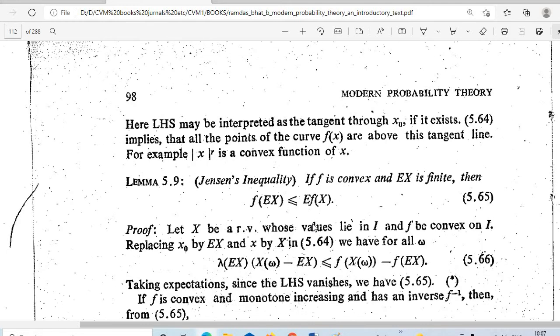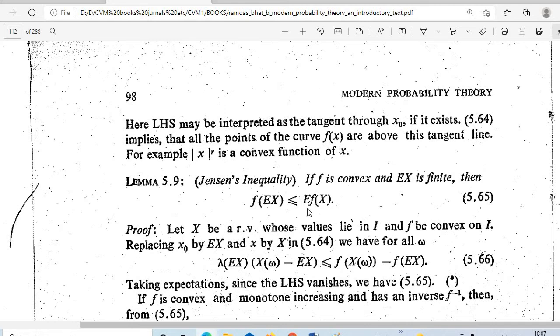That is it. So using that convexity property, we have one important inequality, that is Jensen's inequality. If f is convex and expectation of x is finite, then f of expectation of x is less than or equal to expectation of f of x. So x is a random variable and f is a convex function.